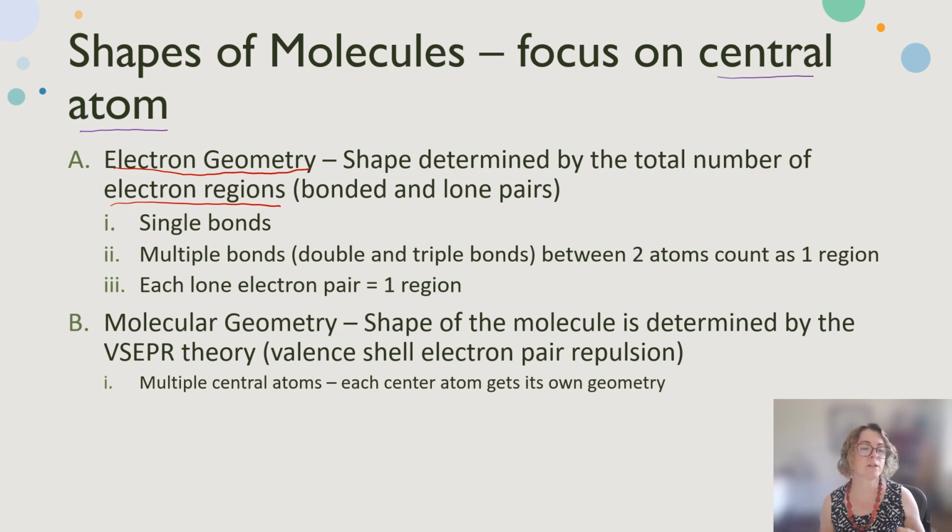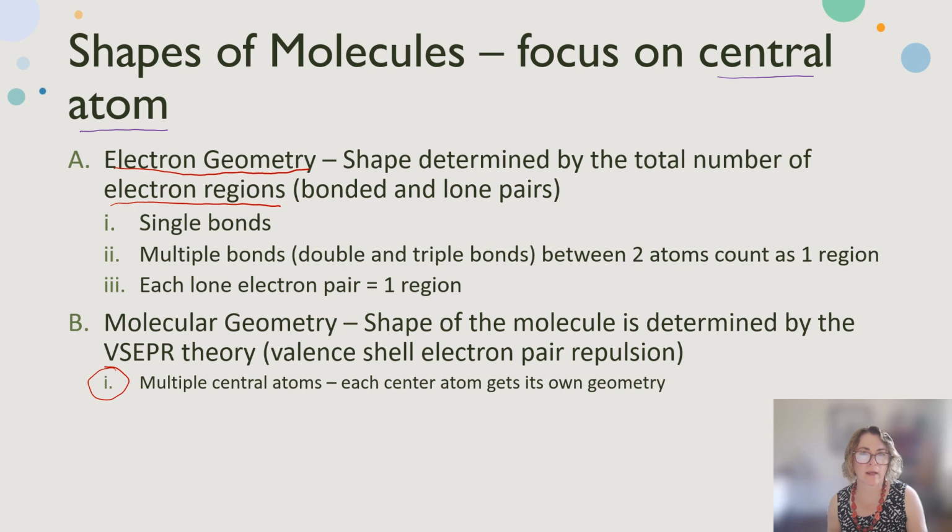This is going to determine our molecular geometry, and that is the shape of the molecule. It is determined by the VSEPR theory, that is valence shell electron pair repulsion, which basically means that those electrons try to get as far away from each other as possible. We will do an example like this, and I'll show you how to go about doing that.